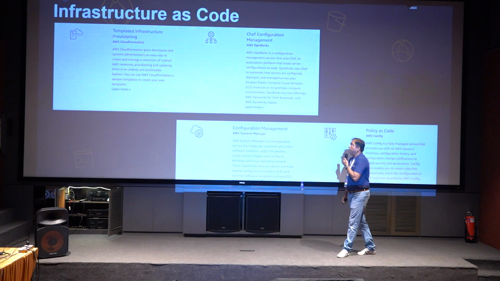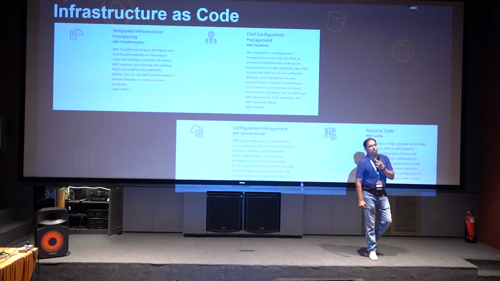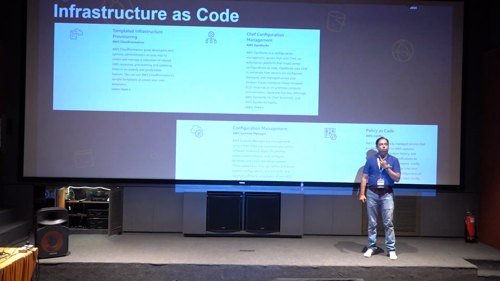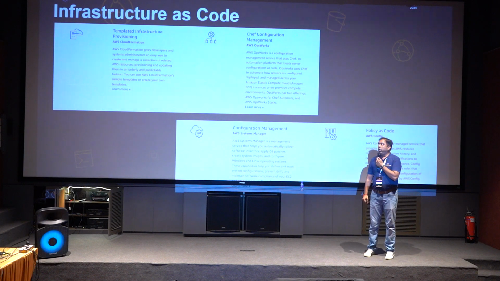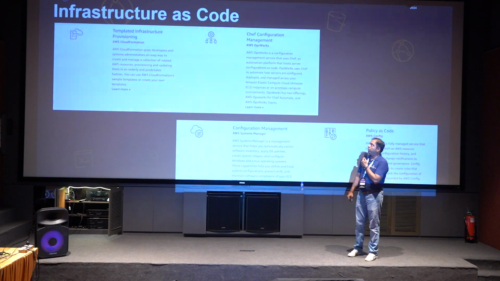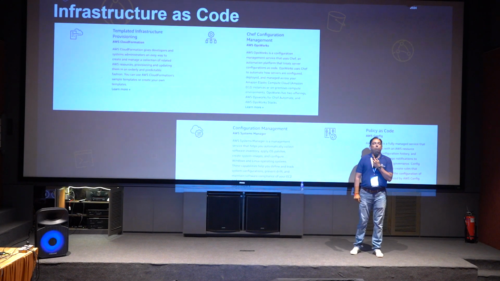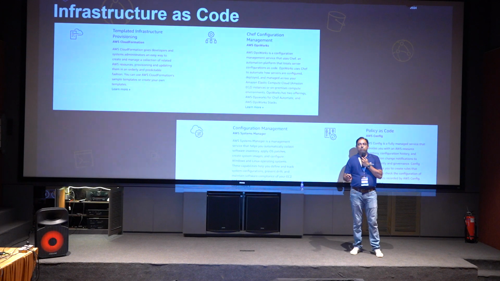Moving forward, in today's day, your infrastructure is also defined as code. In infrastructure as code, there are a couple of services available from AWS. One popular service is AWS CloudFormation. That is how you define your infrastructure in the form of code, mainly in a JSON-based format.